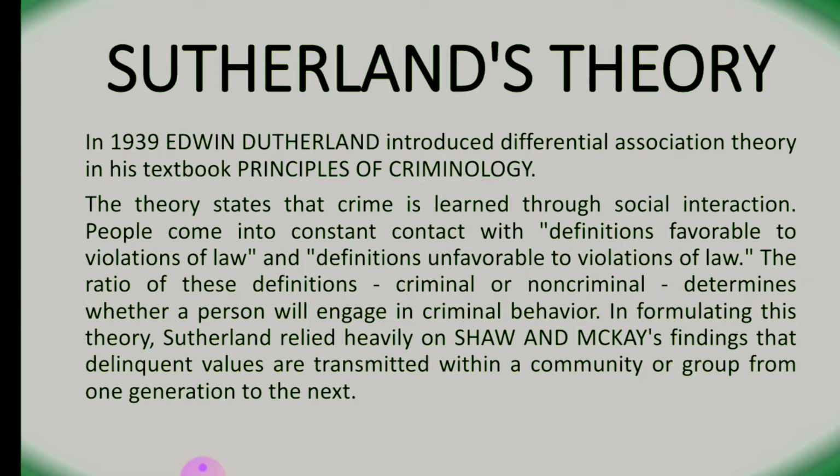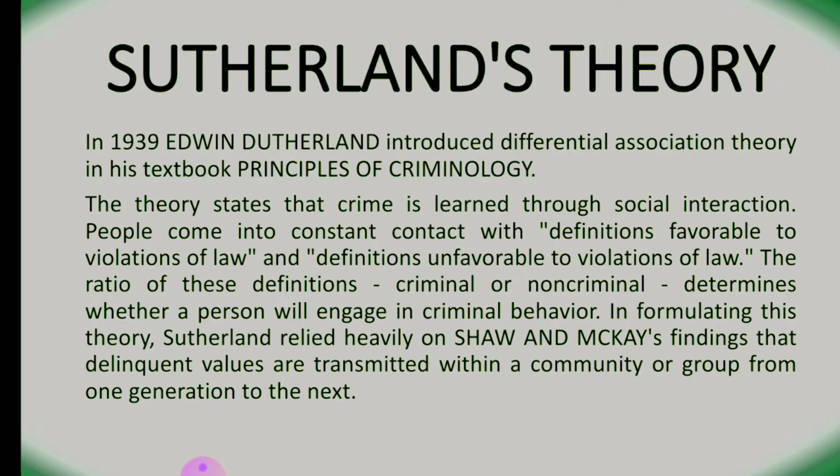Sutherland's theory. In 1939, Edwin Sutherland introduced differential association theory in his textbook Principles of Criminology. The theory states that crime is learned through social interaction. People come into constant contact with definitions favorable to violations of law and definitions unfavorable to violations of law.